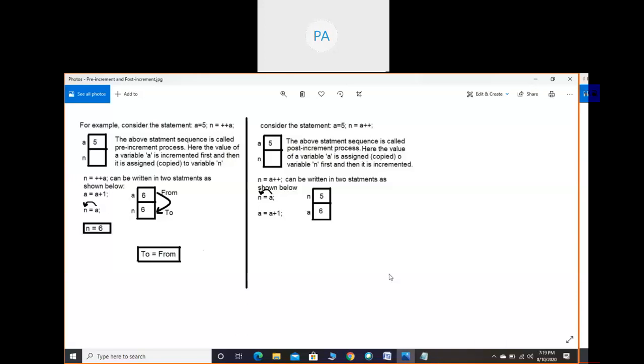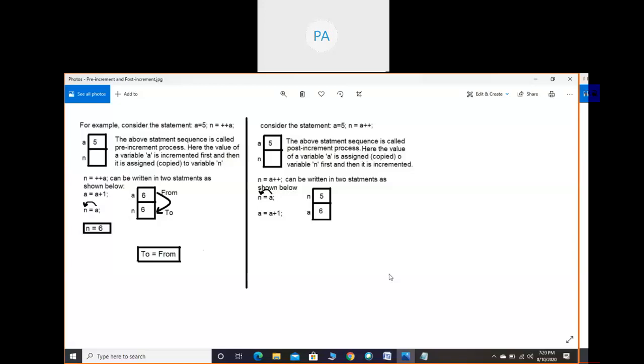Got it. But in the picture that you have shown below, it says n is equal to a, then a is equal to a plus 1. So n is 5 and a is 6, which is correct because of post increment. So the first task is that from a location to n location, it is copied directly.